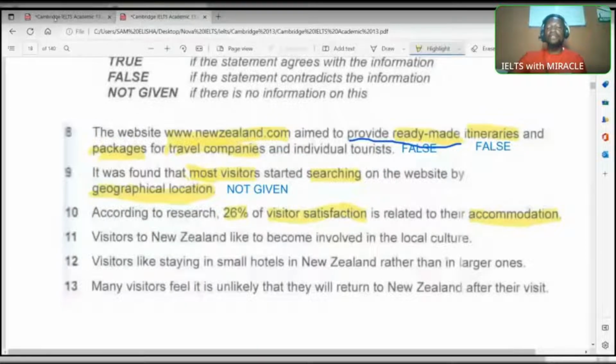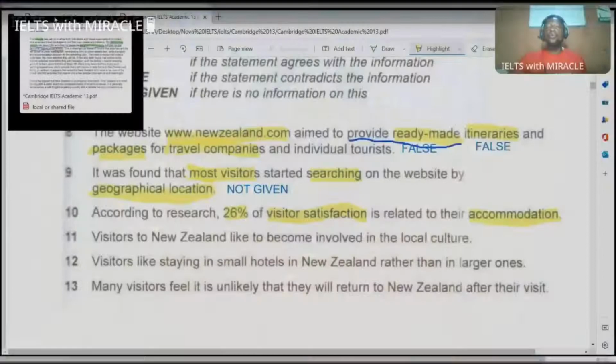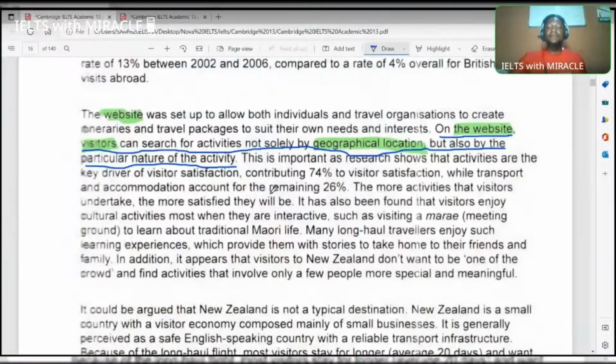So let's go quickly to find 26%. Oh, we're already there. Here in this paragraph, we find 26%, right? And then if you go back, because of course you have to go back to see the sentence, you would find accommodation, right? Then if you go further, you see visitor satisfaction. So that means this is the area where the answer will come from. All right, let's read from the beginning of the sentence.